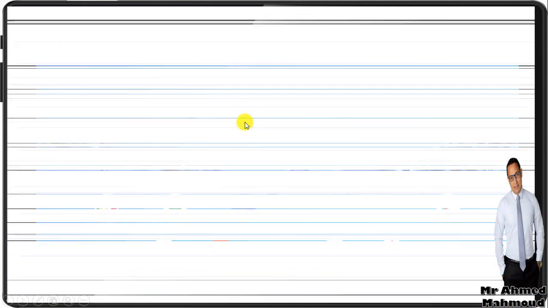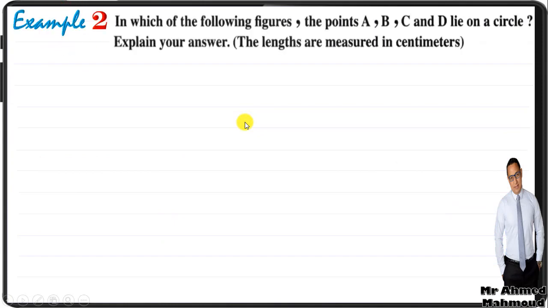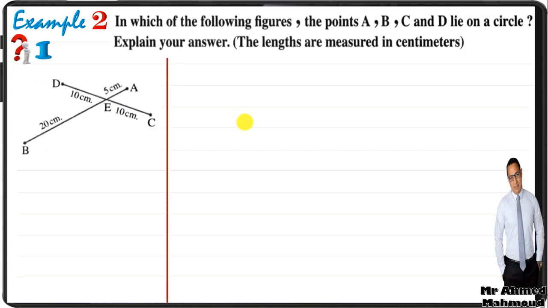The next question, example 2. In which of the following figures do A, B, C, and D lie on a circle? Explain your answer. The lengths are measured in centimeters. Number 1.